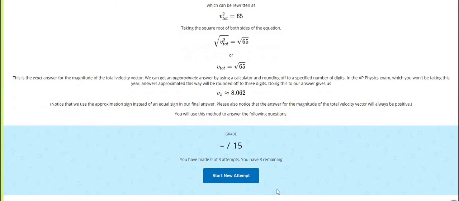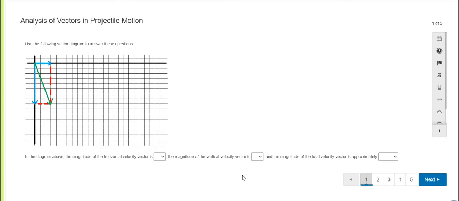Let's take a look at some of the problems. Here we have a different situation where our horizontal velocity is 1, 2, 3, so 3 in the horizontal direction, and in the vertical direction it's 1, 2, 3, 4, 5, 6, 7, 8.